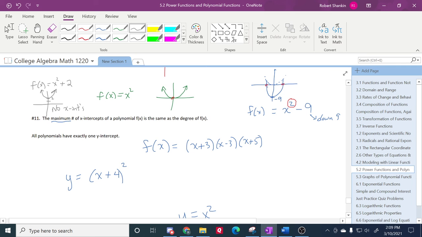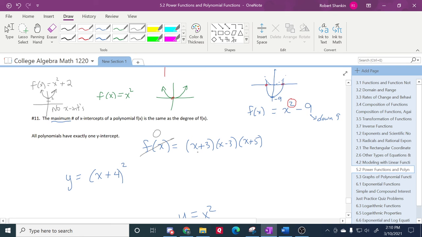Now, how am I so confident that a second degree polynomial can never have 3 x-intercepts? If it had 3 x-intercepts, then all the x-intercepts would be solutions to this equation. Because what does it mean to be an x-intercept? It causes the y to become 0. So you're sitting on the x-axis, height of 0.